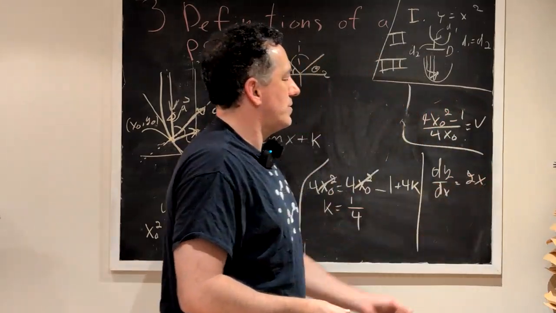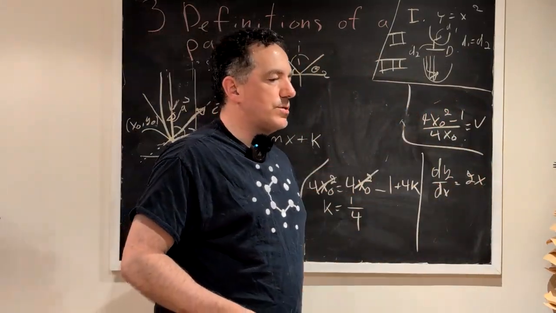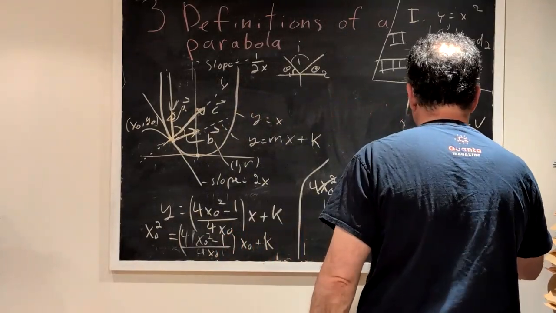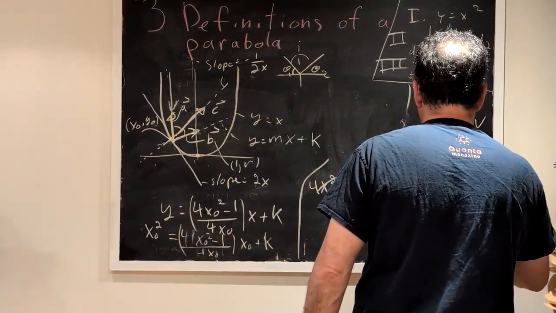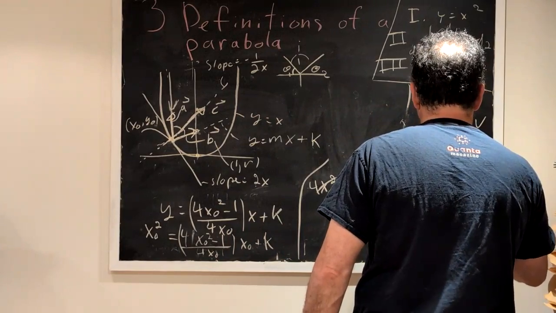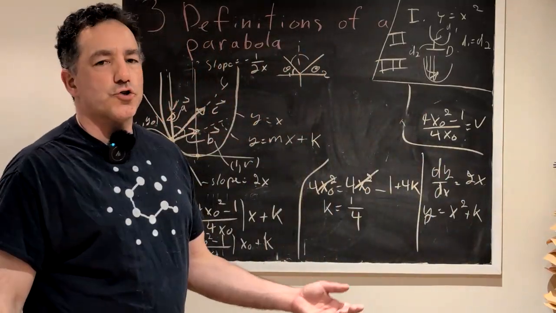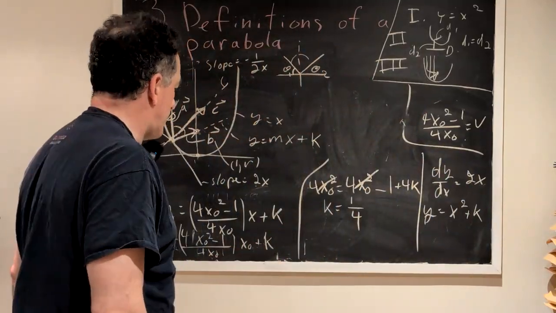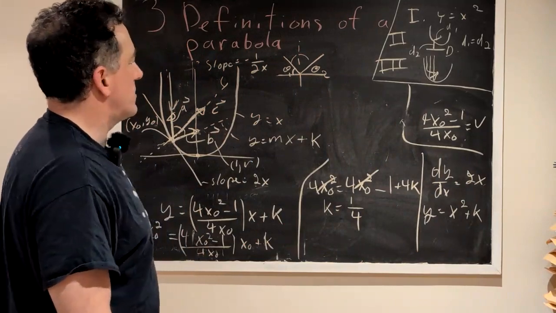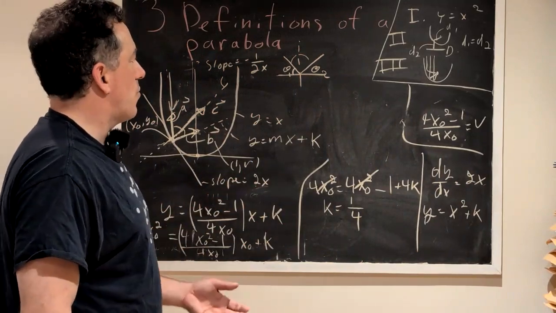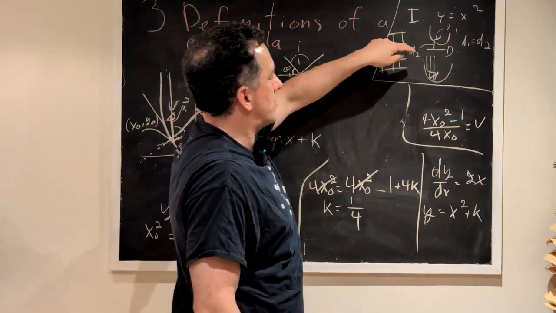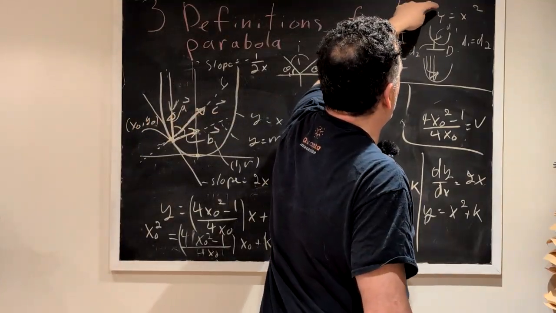And of course, the solution to this differential equation is y equals x squared plus a constant, which is a parabola. We just wanted to prove this was a parabola. We don't even need to prove that the constant is equal to 0. We proved that if we start from this, we get to the first definition.